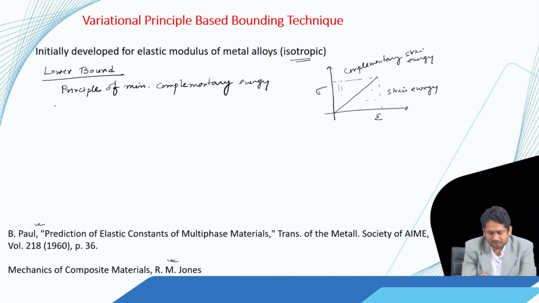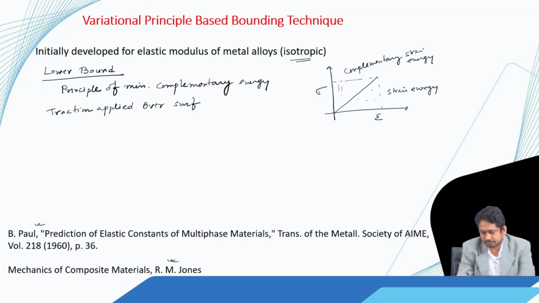So, for that what we assume is that there is a traction applied over the surface of the RVE, and let us say that this gives rise to stress sigma 0 because of this traction.